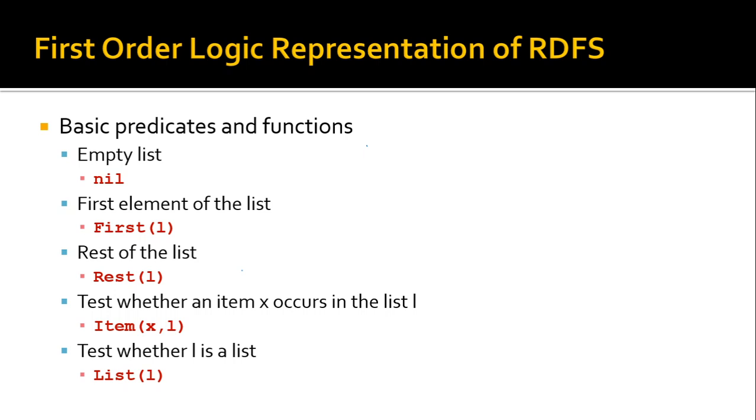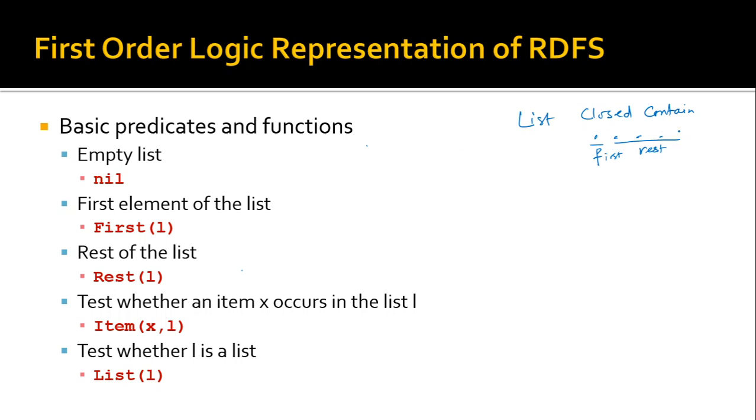Now, let us start with the example of how to model lists. You know that lists are closed containers in RDFS. They contain the elements, but it is a closed thing. A list always has a first element, and the rest of the elements are called the rest.